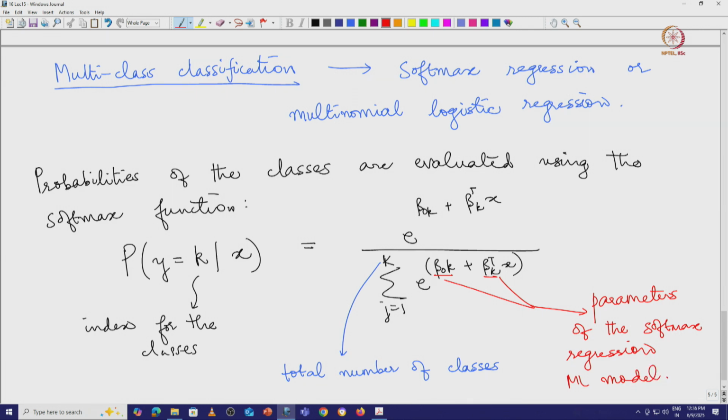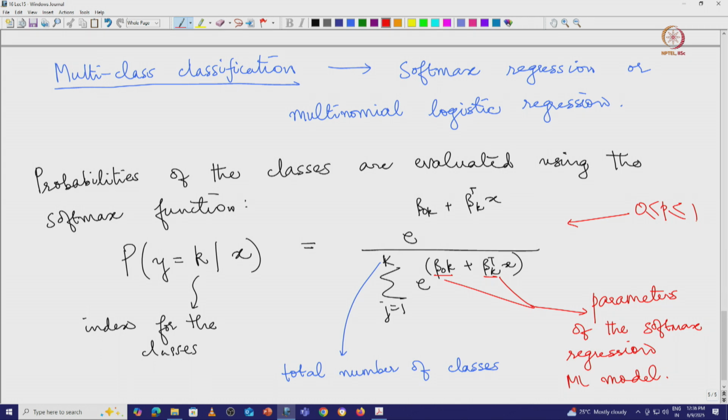The nice thing is that this function will obviously lie between 0 and 1, because the exponential function always gives a positive value, and the exponential function is divided by the sum over the exponential functions for the other classes. So, obviously this probability will lie between 0 and 1.